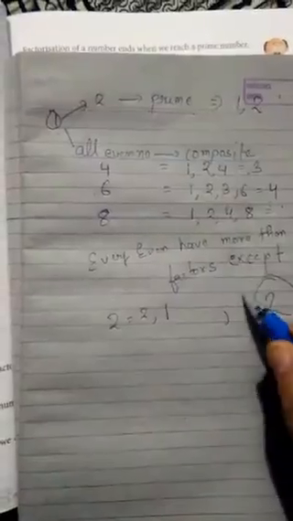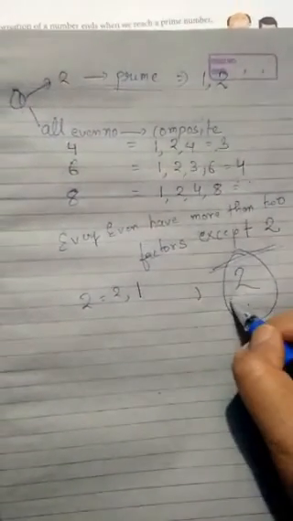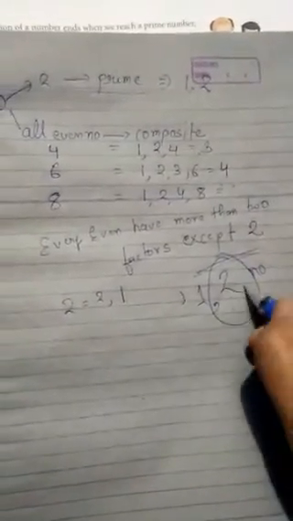After it, every even number has 2 as a factor, because every even number is divisible by 2. Hence 2 is a factor of that number, and 1 and the number itself are factors of every number. It means it has at least 3 factors, so it is a composite number.